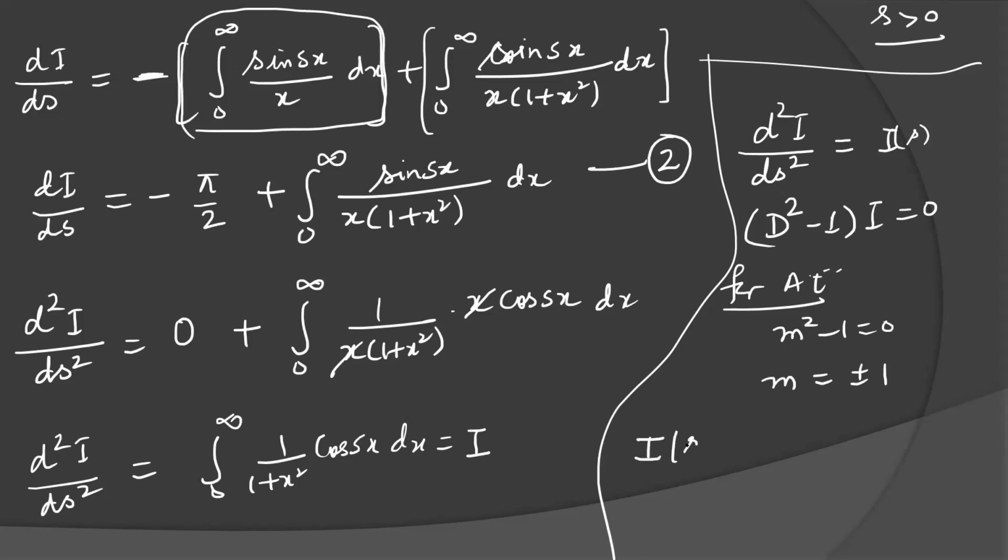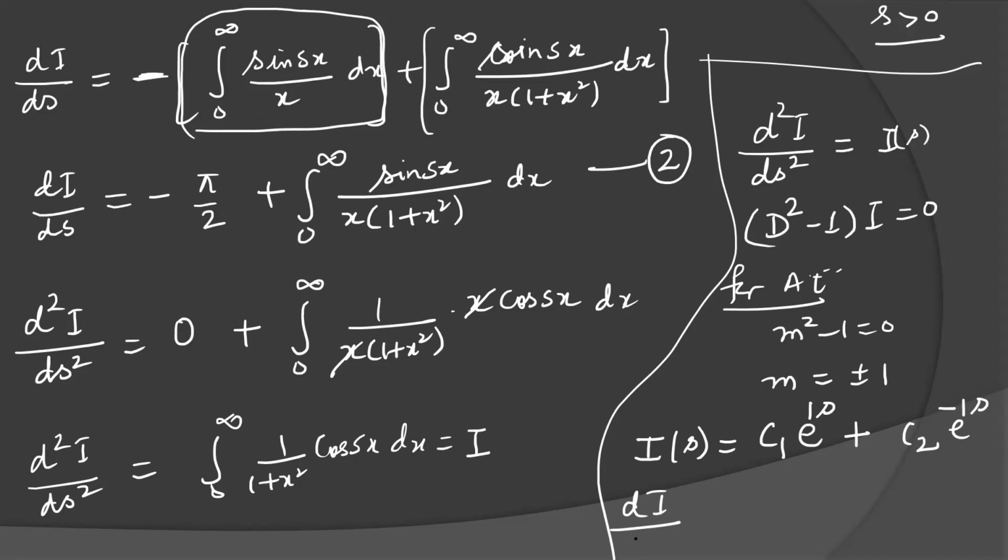So the complementary function CF will be equal to c1 e to the power s, because you are differentiating with respect to s only, plus c2 e to the power minus s. This is your I. But I is involving two constants here. So you have to get the values of c1 and c2.